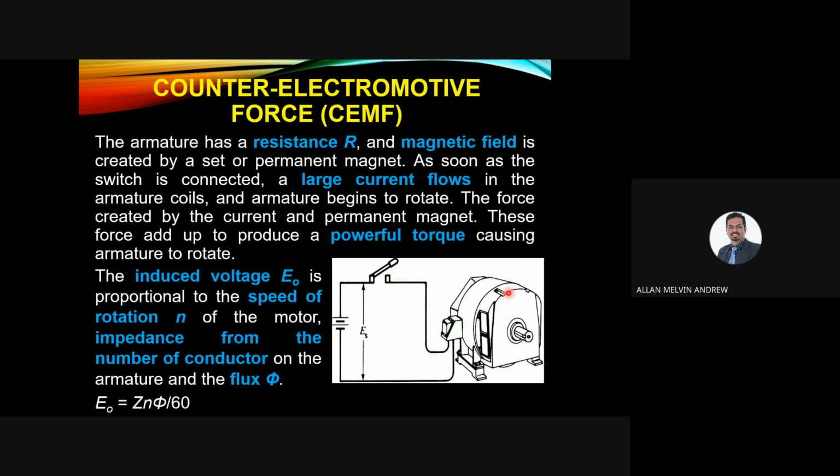So the magnetic field will be generated, and it will go around until the armature becomes faster and faster due to the large current flow. So the force created by the current and the permanent magnet, these forces add up to produce a powerful torque, causing the armature to rotate. So the armature will always be rotating.